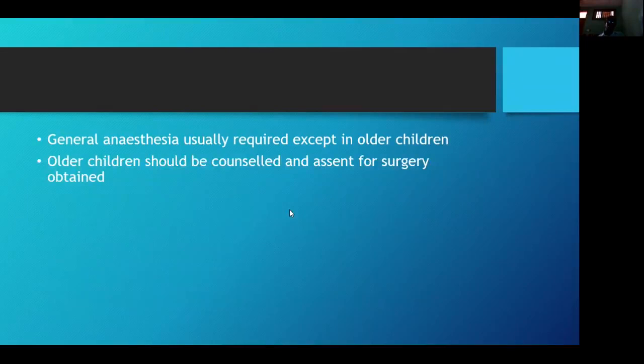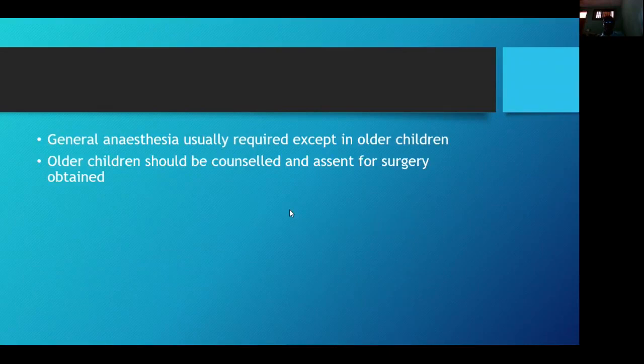Generally speaking, general anesthesia is required except in children that are older and for procedures that are amenable to regional technique. Now, certain attention has to be paid when talking about general anesthesia. The anesthesia in children is generally different from that in adults. For instance, they have a short neck.